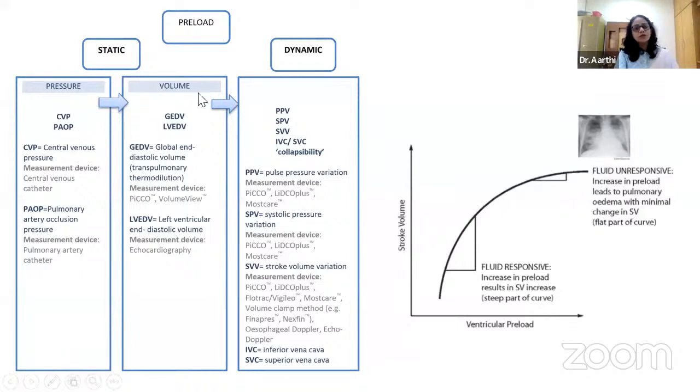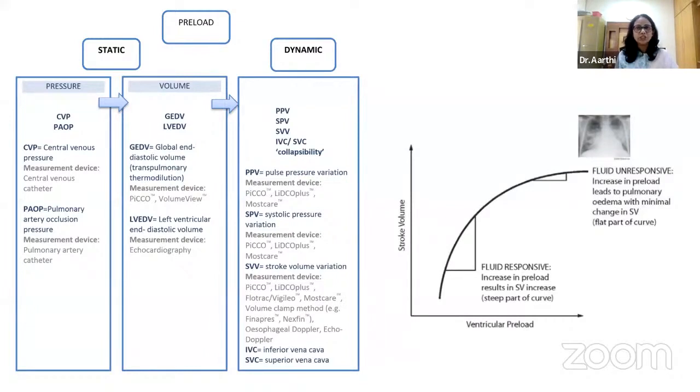Then come the dynamic parameters. Static parameters also include the global end diastolic volume and left ventricular end diastolic volume. These are all measures used to assess static preload. Now, the dynamic hemodynamic monitors are the pulse pressure variation, the systolic pressure variation and the stroke volume variation.